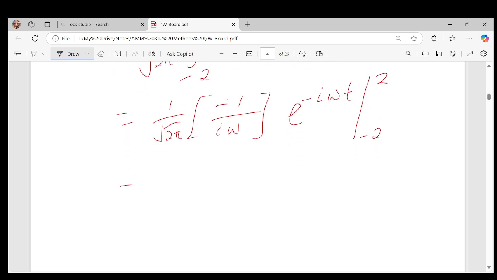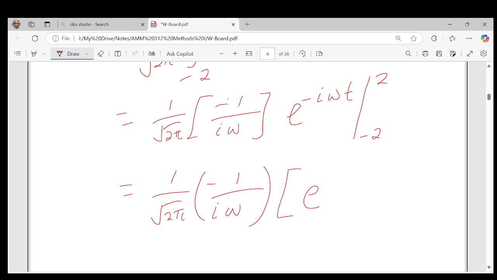So this will give us 1 divided by the square root of 2 pi times -1 all over I omega, then we have e raised to power negative 2 omega I, minus e raised to power 2 omega I. So this is the Fourier transform of that function.